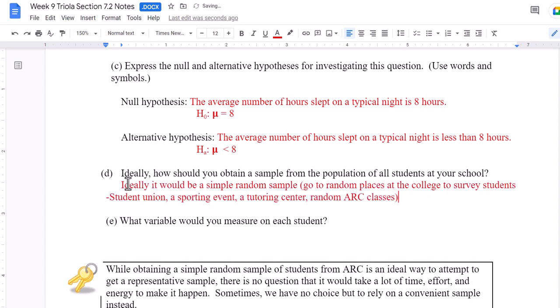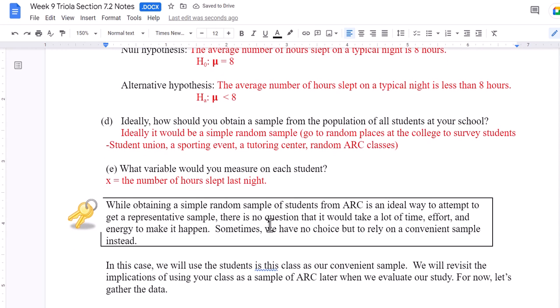And so we would go to random places at the college to survey students from the population: the student union, a sporting event, the tutoring center, random ARC classes, not even necessarily classes that you're taking. You want to get a really random sample of all ARC students, so you would go to places that are not necessarily convenient to you. What variable would you measure on each student? We will measure the number of hours that they slept last night.